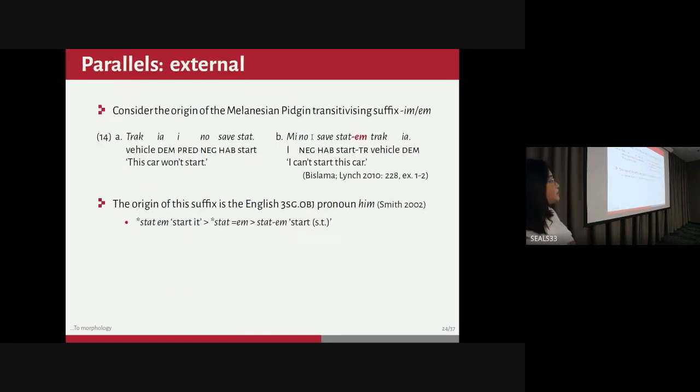Now, here we find a nice parallel in Melanesian pidgin. I know that these are really three or four different varieties, but all of them attest a transitivizing suffix in im or m. So in transitive, the car will start in 14a. Transitive, I can start m, the car. And where does this m come from? It comes from the third singular object pronoun him. Exactly like what I'm proposing in Meto, we get m reduced into the clitic, got him, or something like that, and that just becomes a suffix.